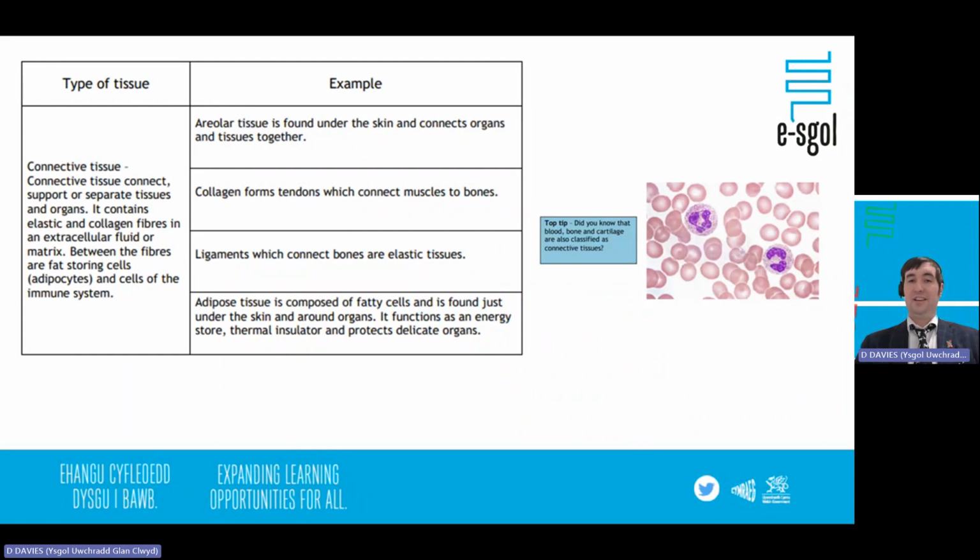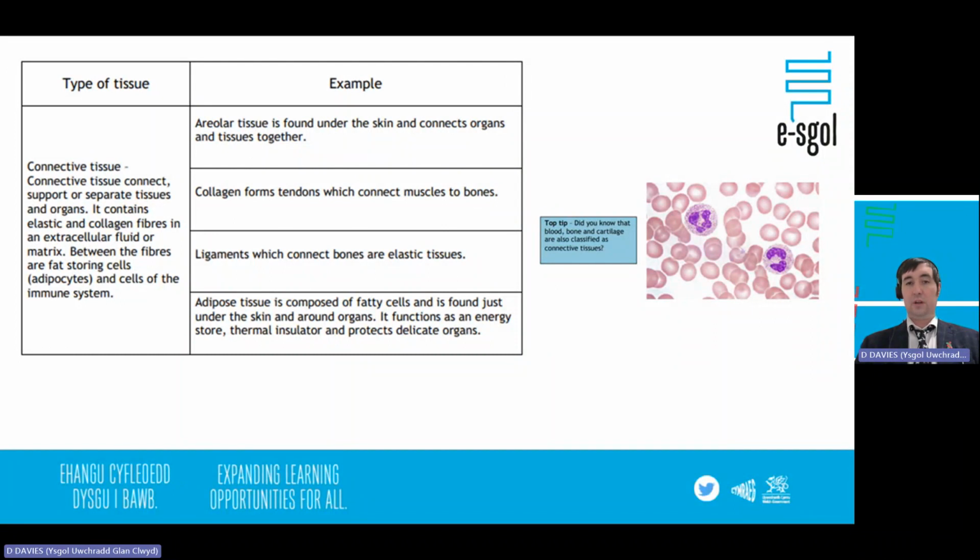Right, connective tissue. As the name suggests, it connects or supports separate types of tissue and organs. Areolar tissue is found under the skin and connects organs and tissues together.